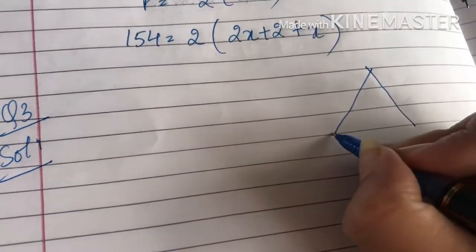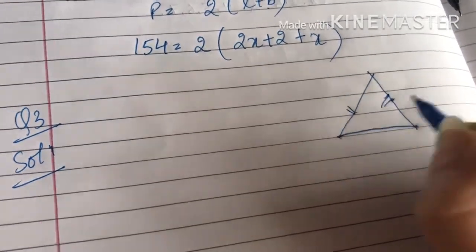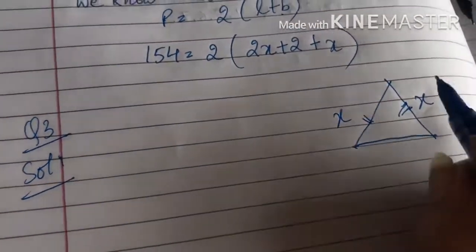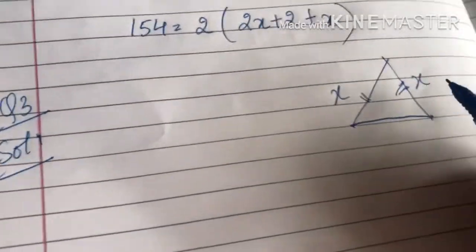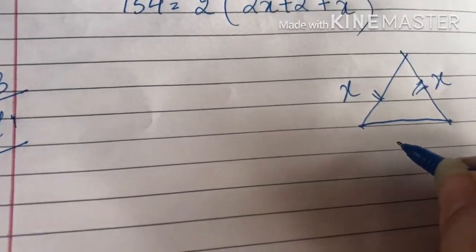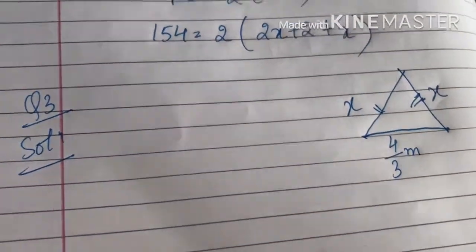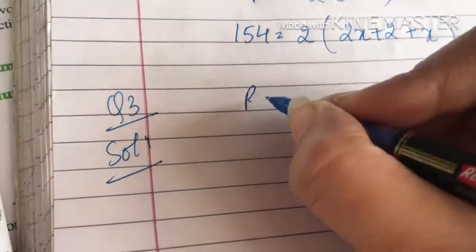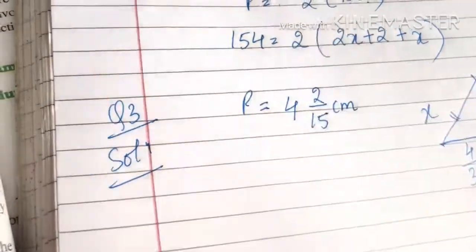Make an isosceles triangle. We know in an isosceles triangle, two sides are equal and we don't know those sides. We can take both the sides as x because one is going to be x, the other one will also be x because they are equal, and the base is given as 4 by 3 centimeter. And the perimeter of this figure is given, 4 whole 2 by 15 centimeter.